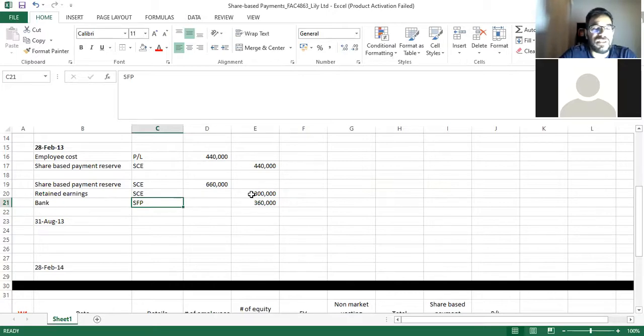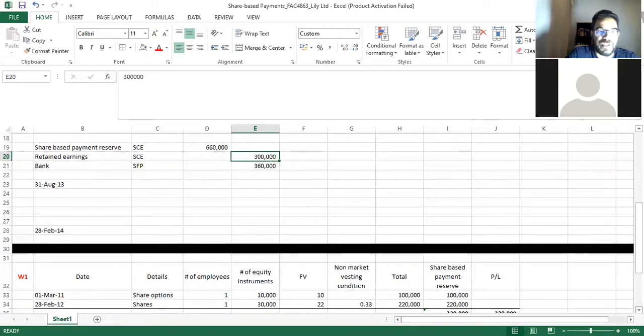However, the accounting standard does not allow you to take it to income. You can't affect profit or loss. What you can do is transfer it from one equity balance to another. So what's the other equity balance? Retained earnings. So that is what we are doing over there. That is just basically the balancing figure. So that is everything at 28 February 2013.